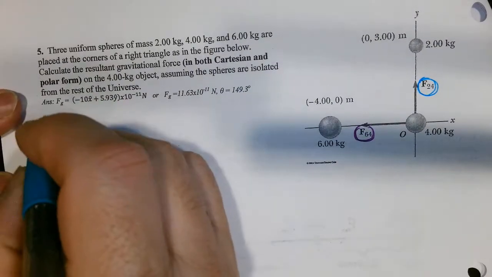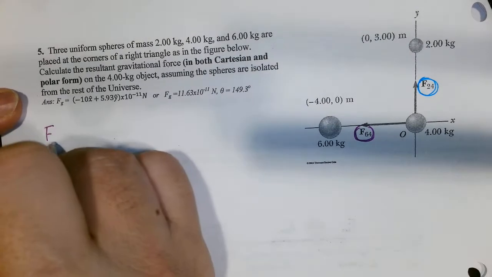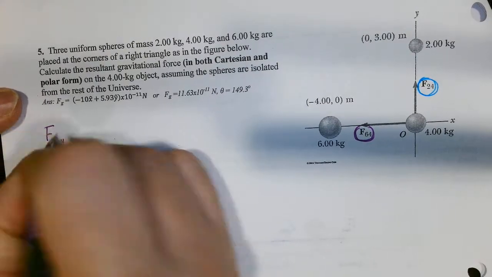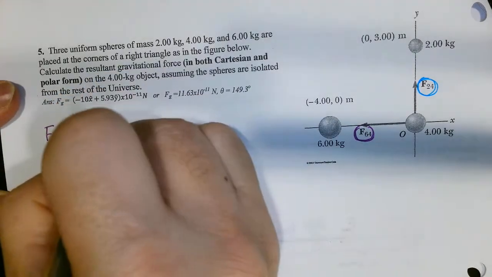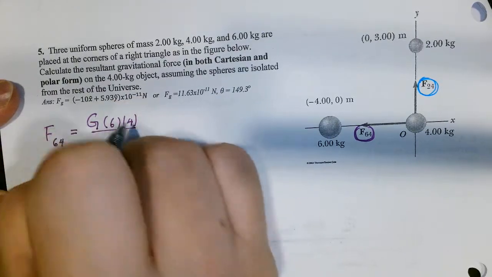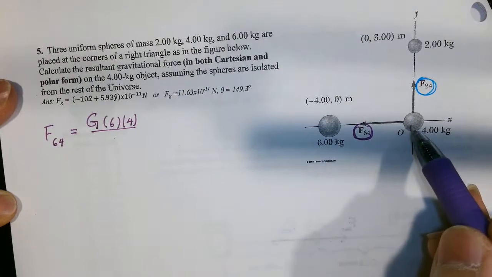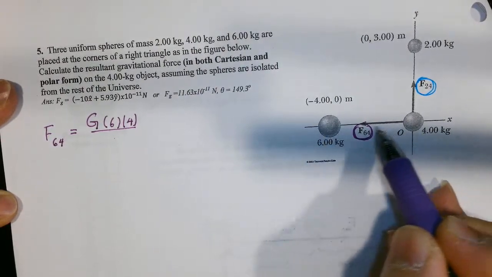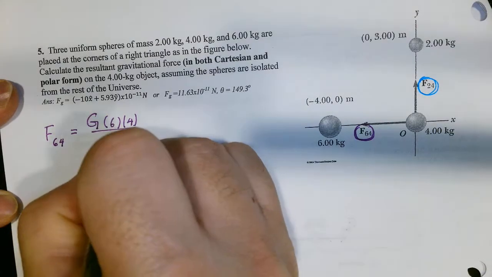So if I were to do, let's say, F6 on 4 is equal to G times 6 times 4 over, it looks like 4 meters of distance, so 4 squared.